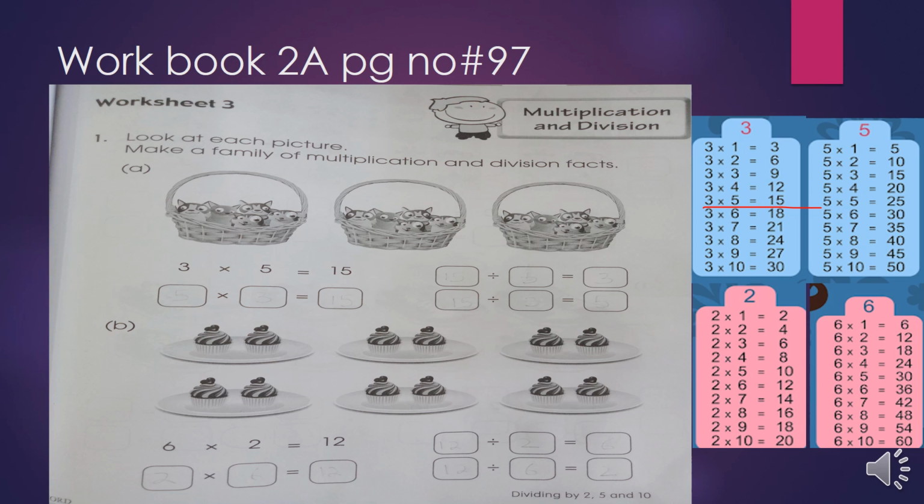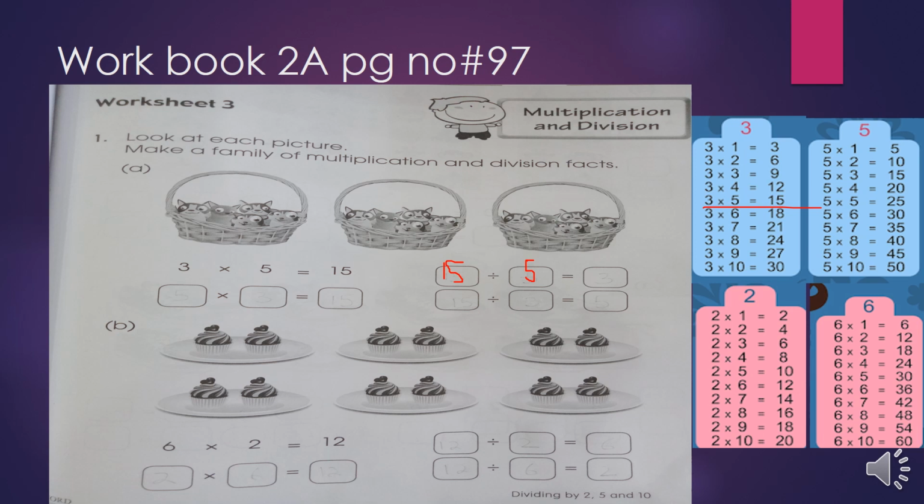So coming to the division sentence, how can we make a division sentence? First of all, we have to write the total number, which is 15, and 15 divided into a group of 5 means if we have to circle in a group of 5. So can you count how many groups are there?